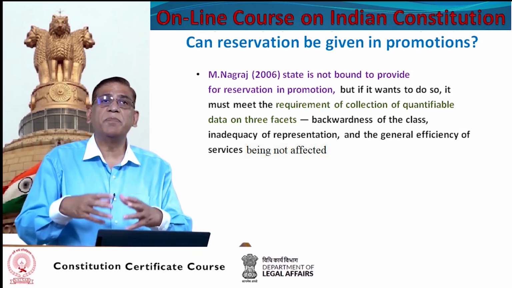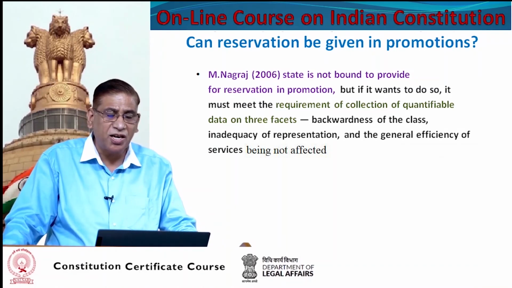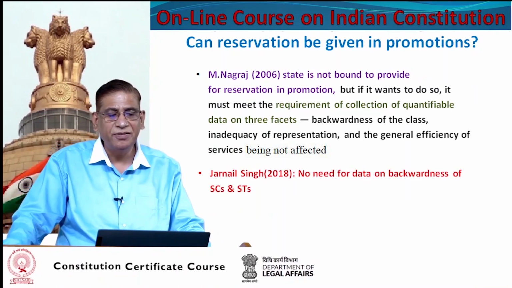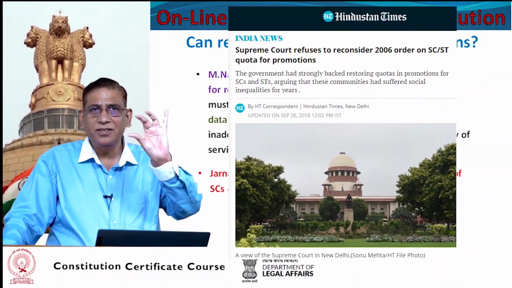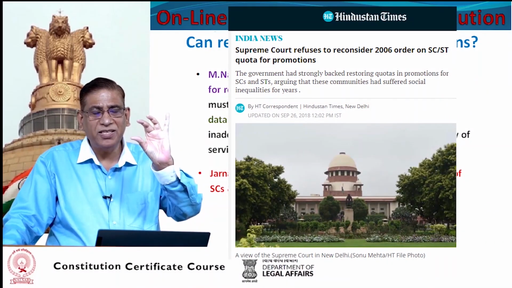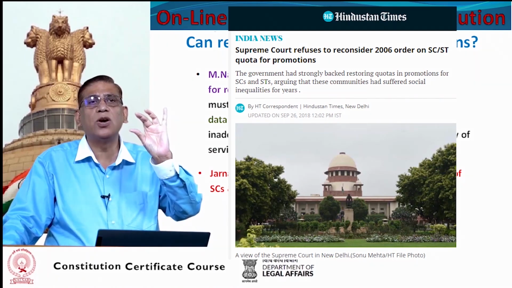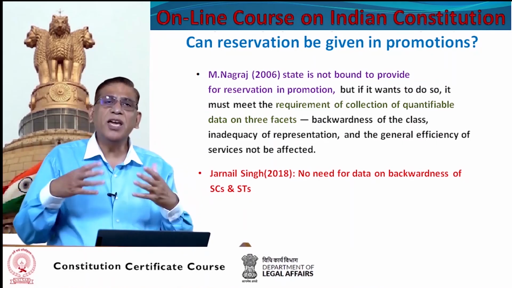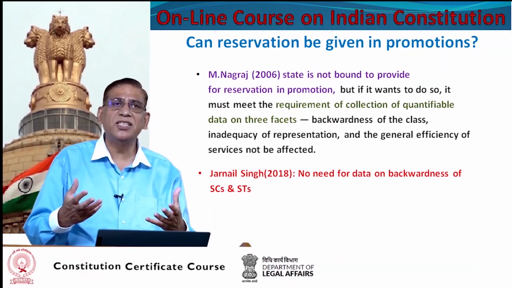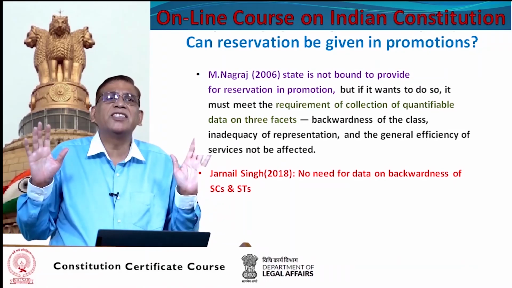Many people wanted it to be reviewed. A 5-judge bench of Supreme Court in Jarnail Singh in 2018 rejected the review, but it modified M. Nagaraj's judgment by saying for SCs and STs there is no need to collect quantifiable data of their backwardness. The mere fact that SCs and STs are included in the presidential order will be taken as enough proof of their backwardness.